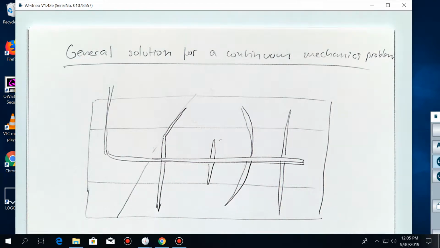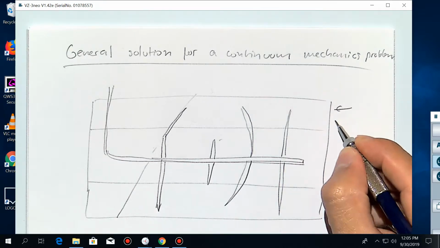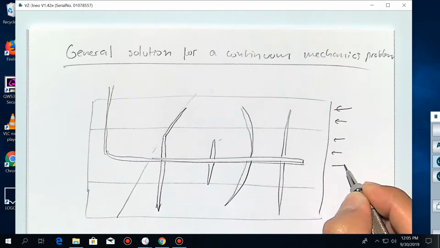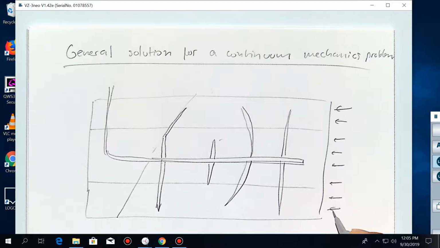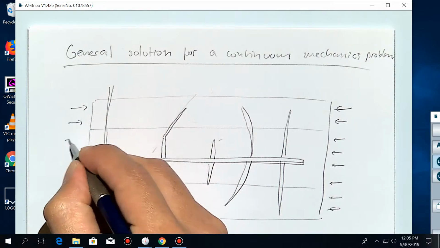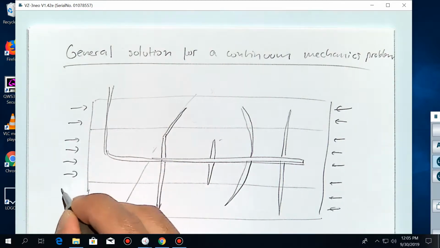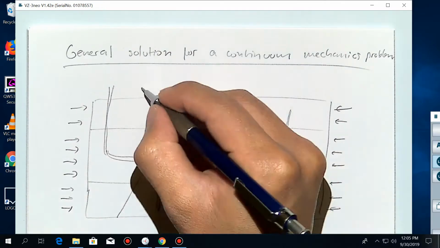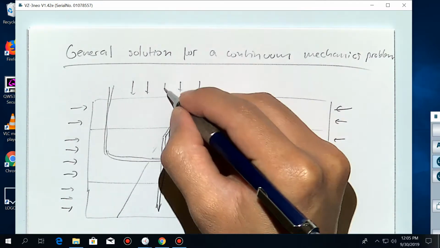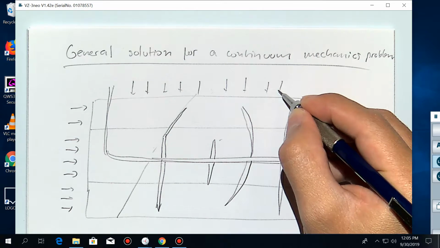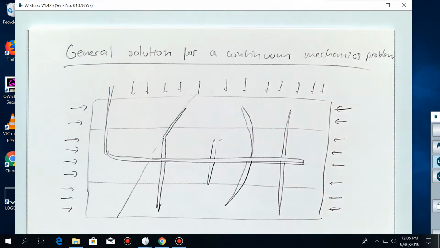And in addition to that, we have stresses in horizontal direction, you have stresses in vertical direction, and let's say that the bottom is not moving.